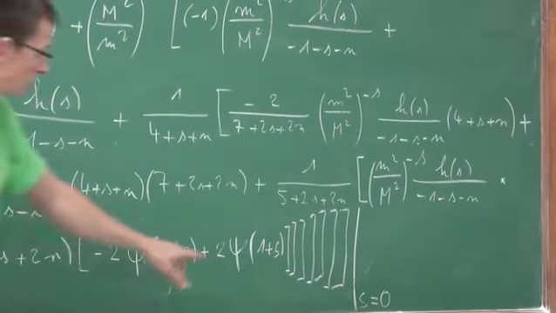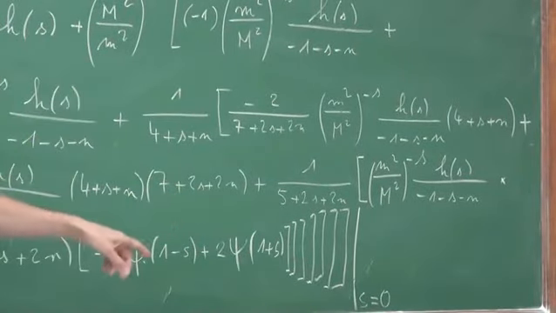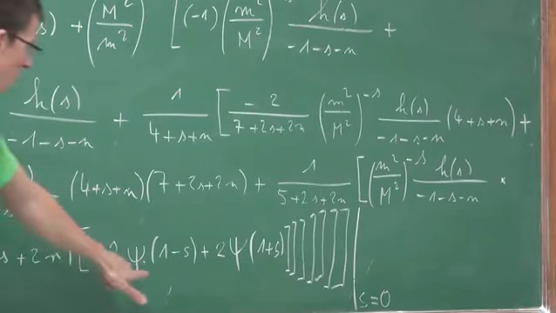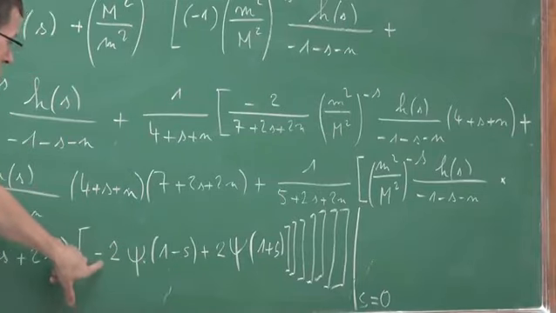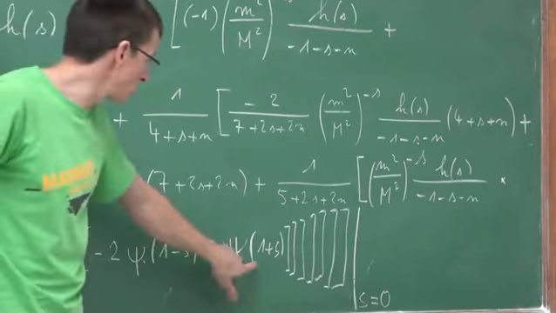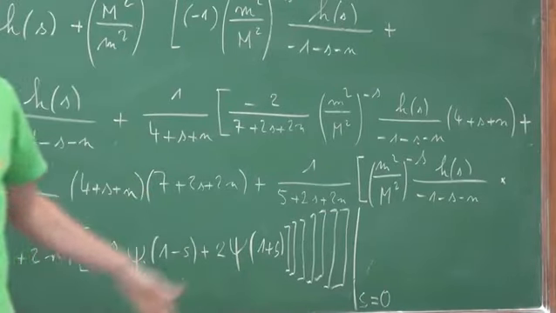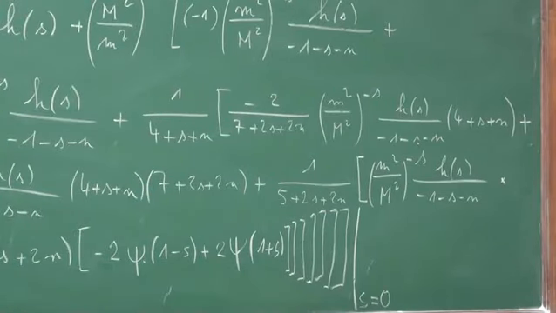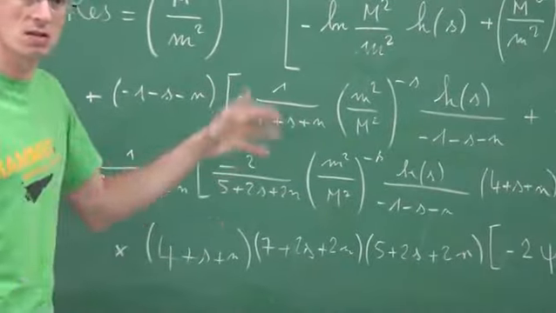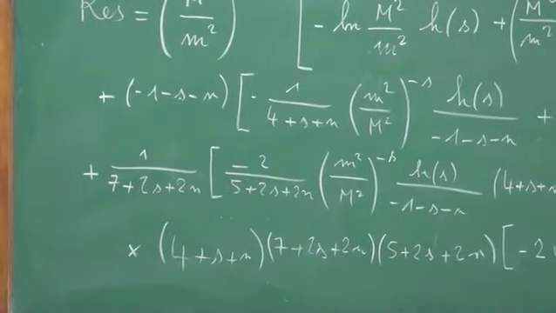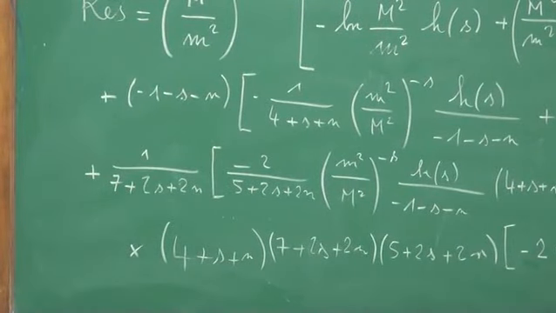But when we put s equal to 0 here, you see that sine 1 is with minus 2 here, and sine 1 is with 2 here. So they cancel, and you have in fact something which is extremely simple.